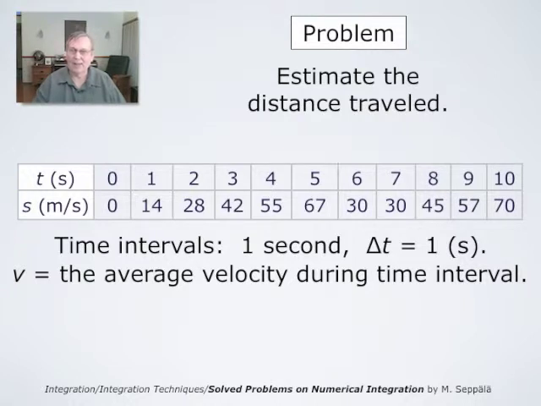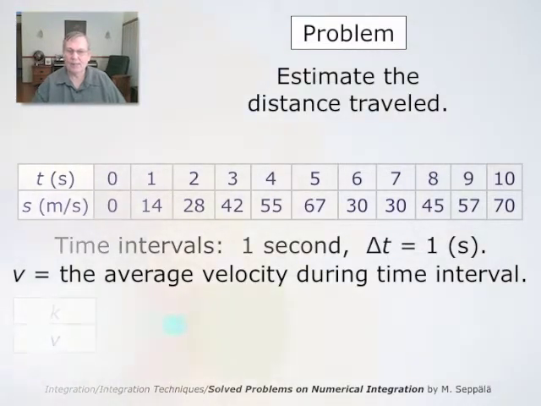So the average velocity is 14 plus 0 divided by 2, that is 7 meters per second. During the next time interval, the car speeds up from 14 to 28 meters per second. The average velocity is 28 plus 14 divided by 2, and so forth.